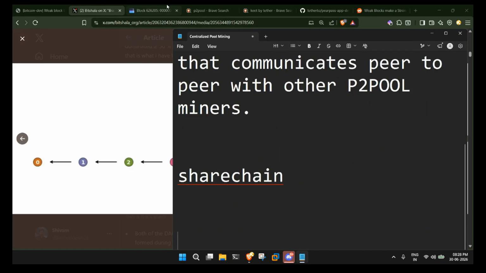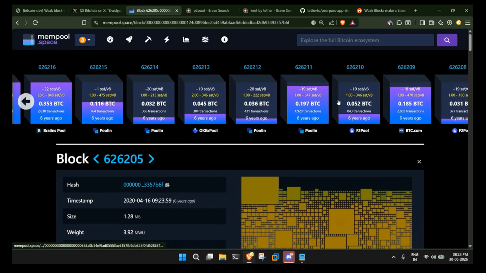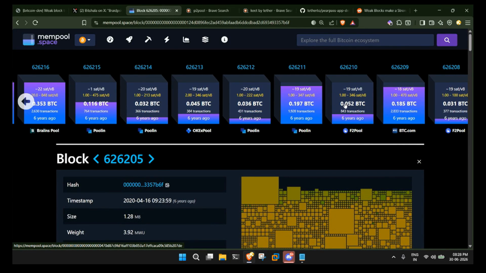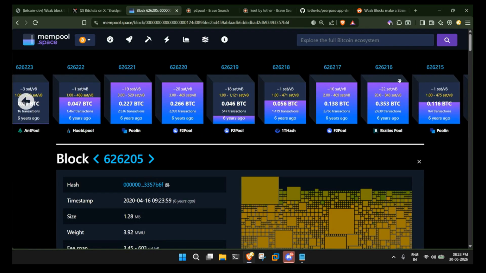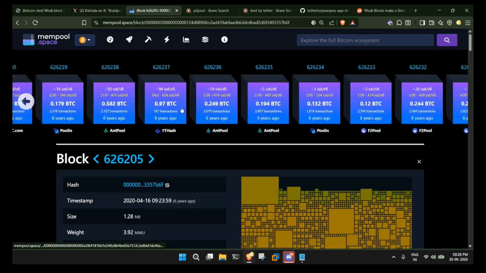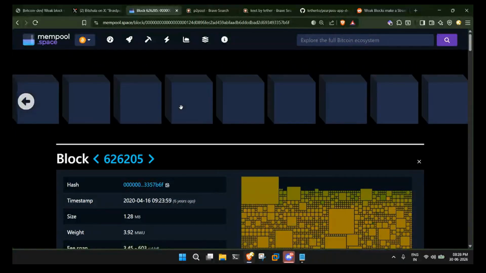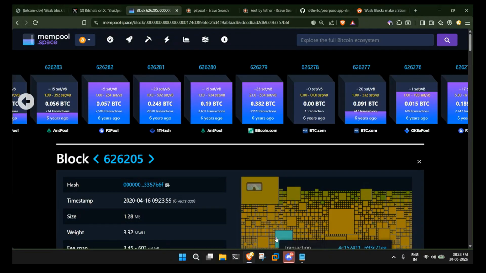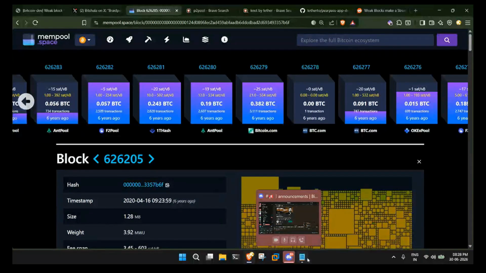Just like this, we have everything linear, right? Like this block was mined by F2Pool, then this block was mined by Pool in, then Pool in, then. So this is a chain, right? Each block after one block. So this is a linear flow, linear and connected, one by one.